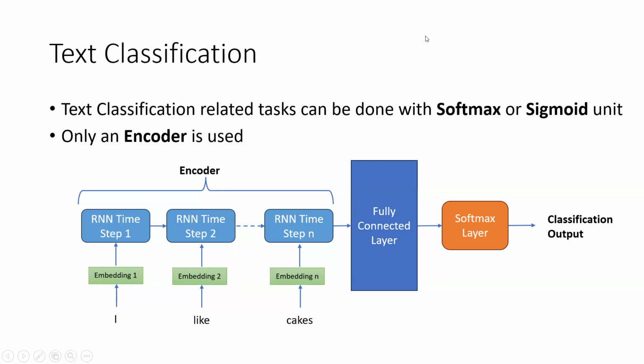What we want to do is take some text and convert it into a classification. For example, it may be a sentiment analysis problem where it can be a happy sentence or an unhappy sentence, so it can be classified into two. This is a binary classifier.